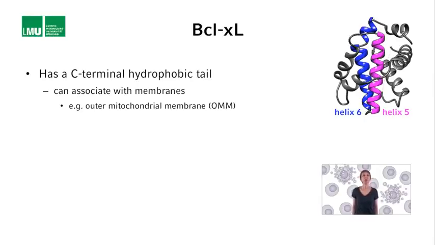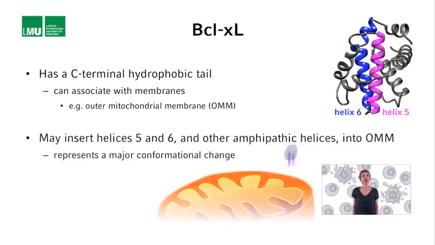The structural similarities to the bacterial toxins now suggested that under certain circumstances, BCL-XL may insert helices 5 and 6 and some of the surrounding amphipathic alpha helices into the outer mitochondrial membrane. Such an insertion of major helices represents a major conformational or structural change.